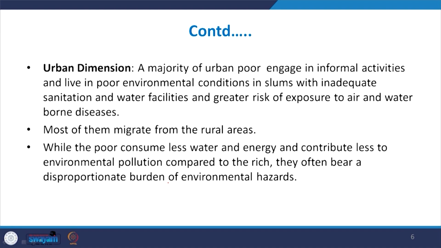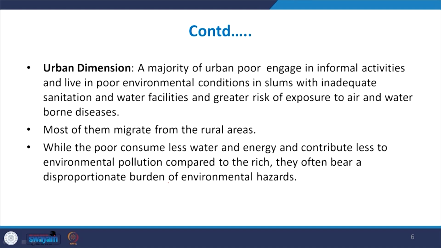Therefore, if the environmental conditions improve due to external interventions, government interventions, then it will improve the well-being of poor urban people. And these urban people living in slums are mostly migrated from the rural area, while poor consume less water.